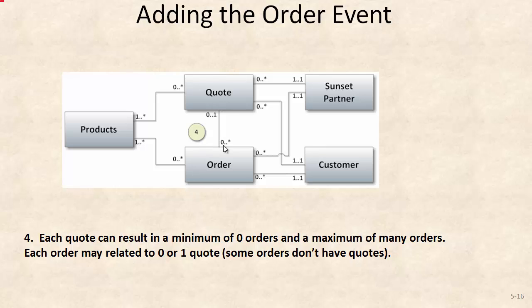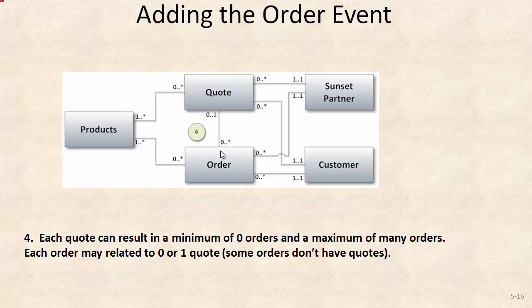The association of interest now is the association between quotes and orders. These multiplicities say that each quote can result in a minimum of 0 and maximum of many orders. The minimum is 0 because a quote occurs before the order, and in some cases quotes result in no order. The maximum is many because each quote could be broken down into several orders depending on the availability of the products.